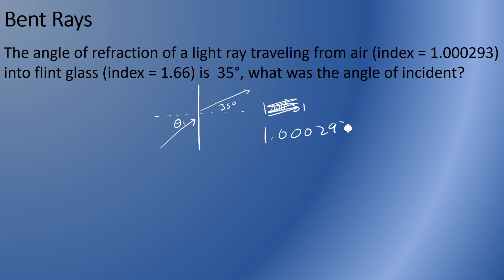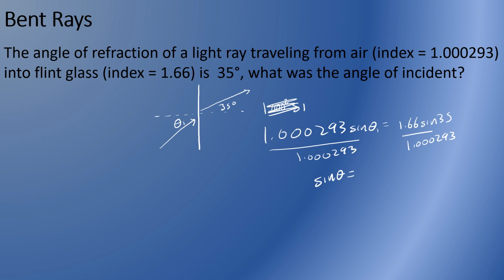So we're going to have 1.000293 sine of our angle equals 1.66 sine of 35. So I'm going to divide both sides by 1.000293, and I'm going to have sine of my angle equal this stuff.